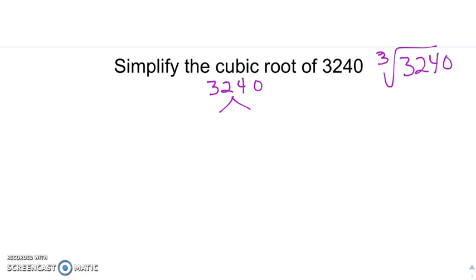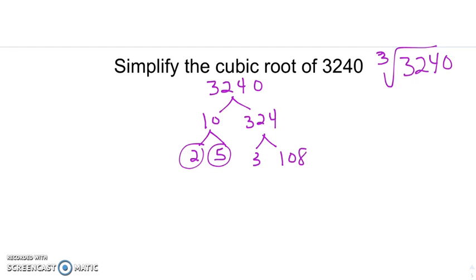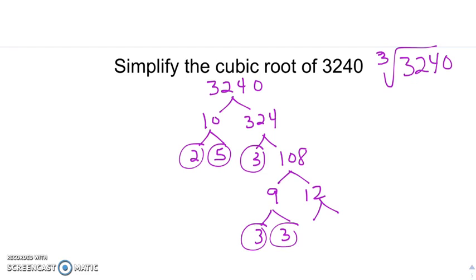Start with a factor tree of 10 times 324. 10 could branch off into 2 times 5, and they're both prime. 324, I know, could branch off into 3 times 108. 3 is prime. 108 could branch into a 9 times 12. 9 could branch into 3 times 3. The 3's are prime. 12 could branch into 3 times 4. 3 is prime. And 4 could branch into 2 times 2. And of course, the 2's are prime.